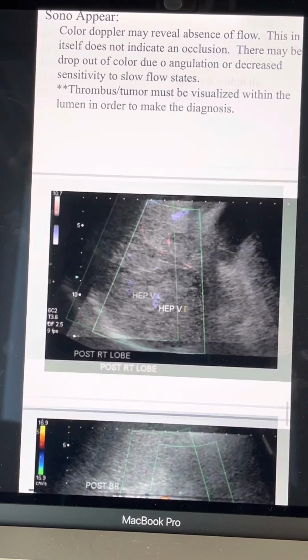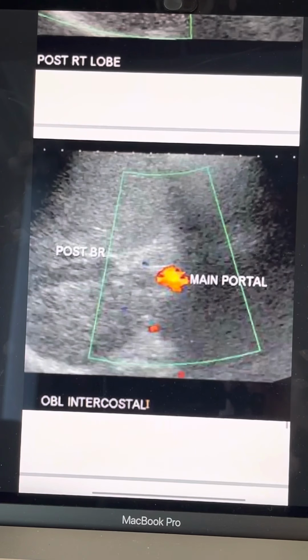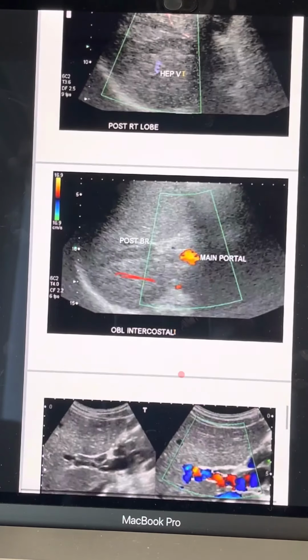The hepatic veins are over here. What you are seeing is the main portal vein that is entering inside the liver, and that does not have flow. Over here, the main portal vein has a little bit of flow, then there is missing flow everywhere else. So it's just a trickle of flow that's coming in.